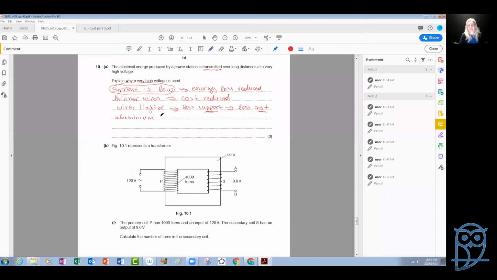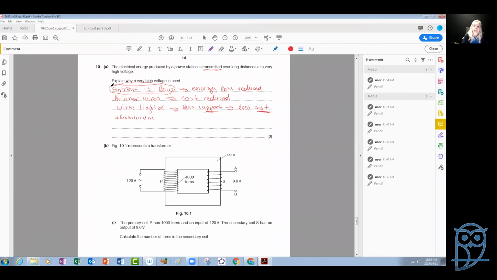Cost is a very important factor on what type of wires we use, because it's not a joke, having to transmit the electricity through kilometers from the power station to the cities. So this is an important factor.